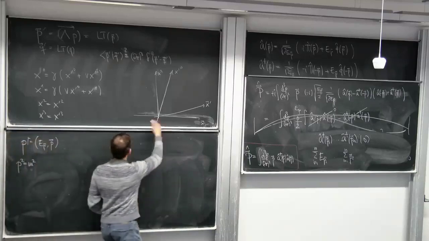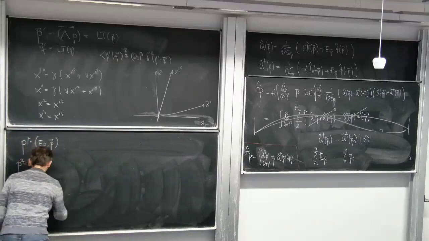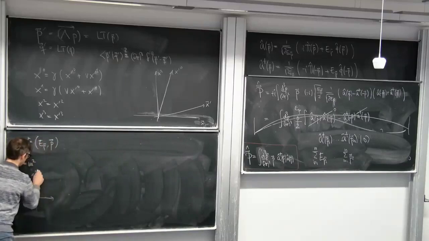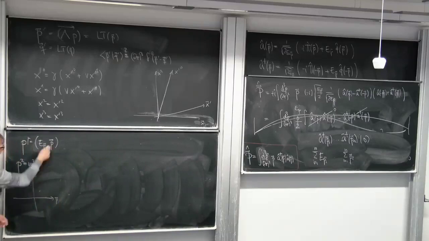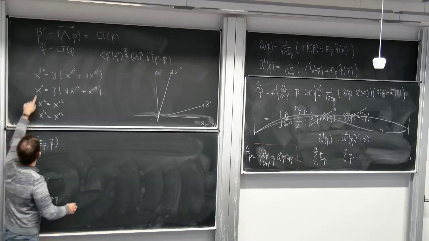If I was in momentum space, P0 and the P vector, I could pick anything, but if I set P0 to be the formula for the energy, then I'm somewhere on this mass shell. So it's a special momentum. It's an on-shell momentum.